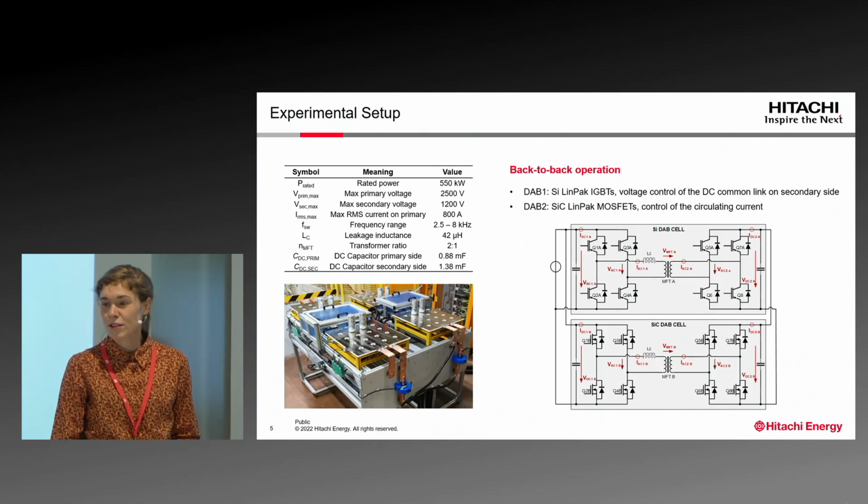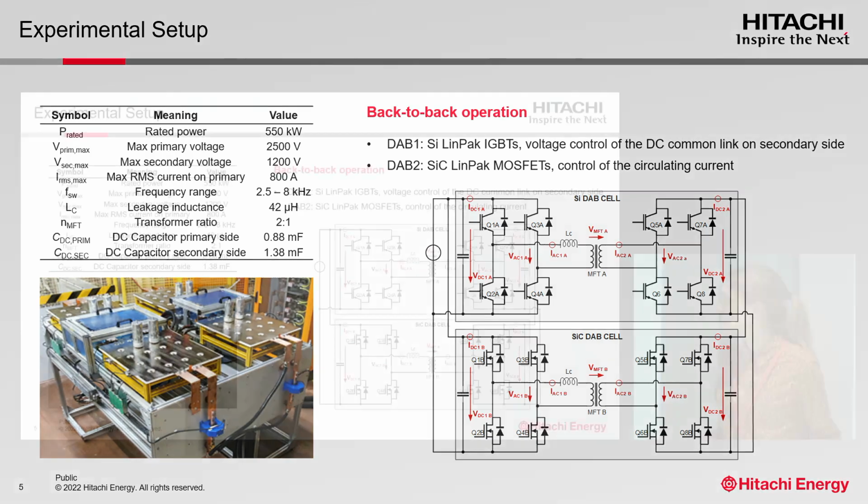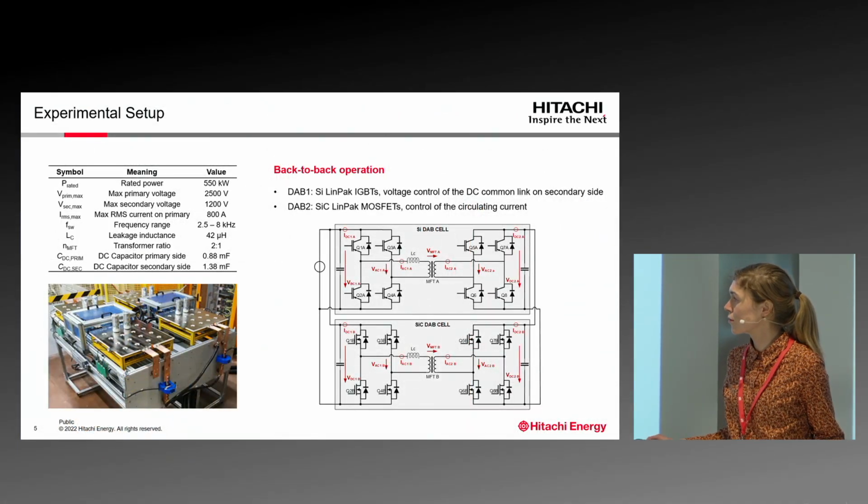On this slide, you see some more information about the experimental setup that we used. The table summarizes the ratings: 550 kW rated power, DC link 2.5 kV on the primary side and 1.2 kV on the secondary side. I would like to mention the wide frequency range.